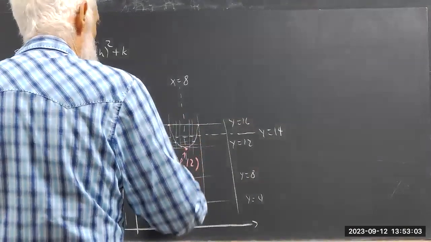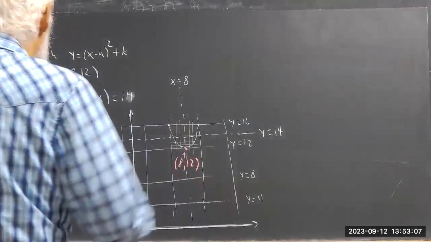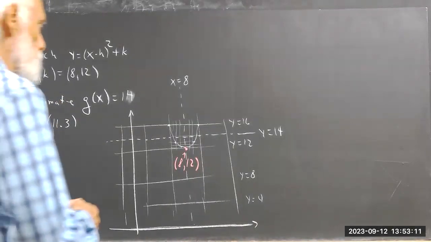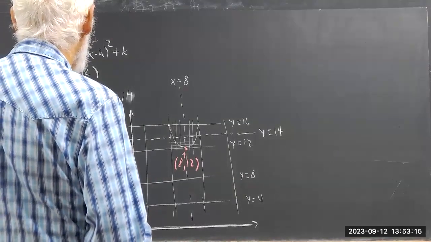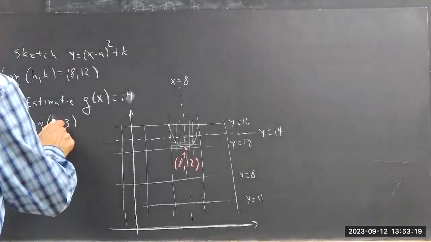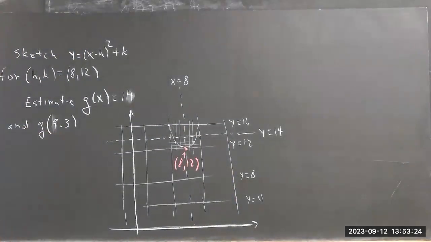Okay, so we estimate the coordinates. As usual, we estimate in whatever manner. And g of 11.3. Where's 11.3? Oh, g of 9.3 is out here.